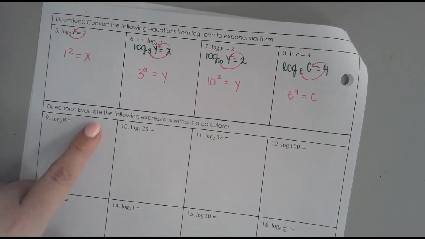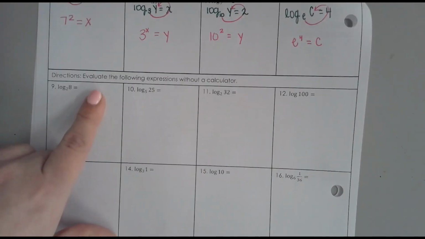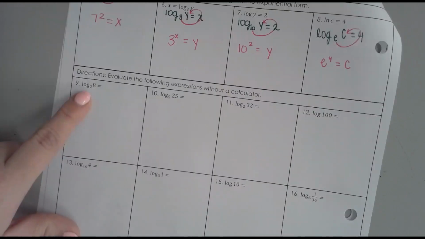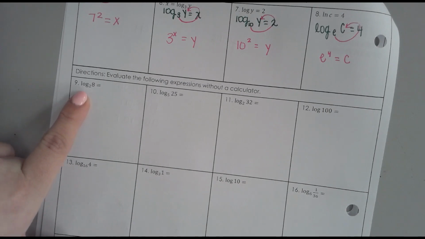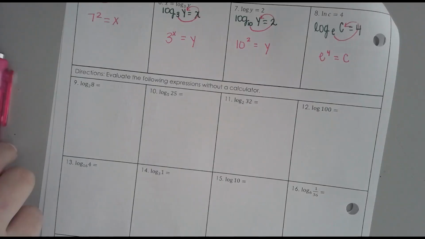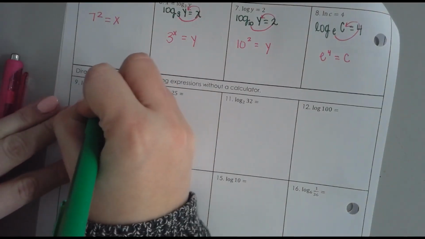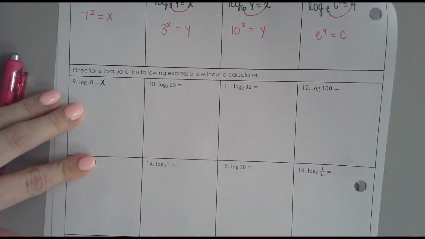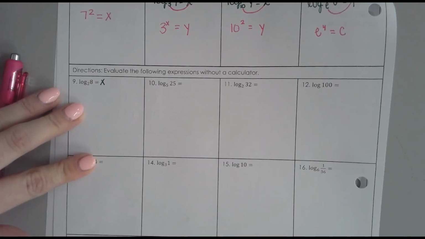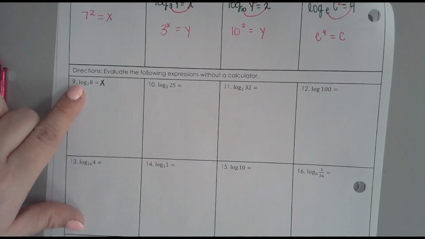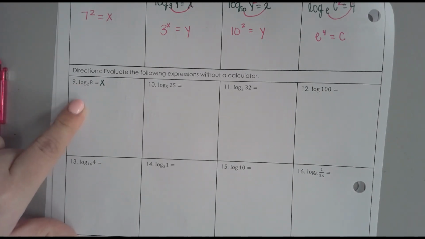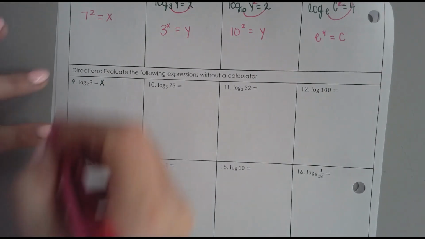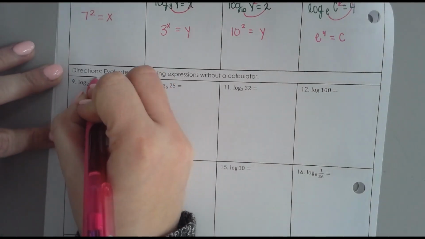Now down here it says evaluate without a calculator. You could type this in the calculator. There is a way to type log base 2 of 8, hit enter, and you get an answer. But we're going to do these without a calculator. So I'm just going to say equals x. I'm going to call my answer x. And so I need to rewrite this in exponential form to figure out what x is. So this would be 2 to the x equals 8.